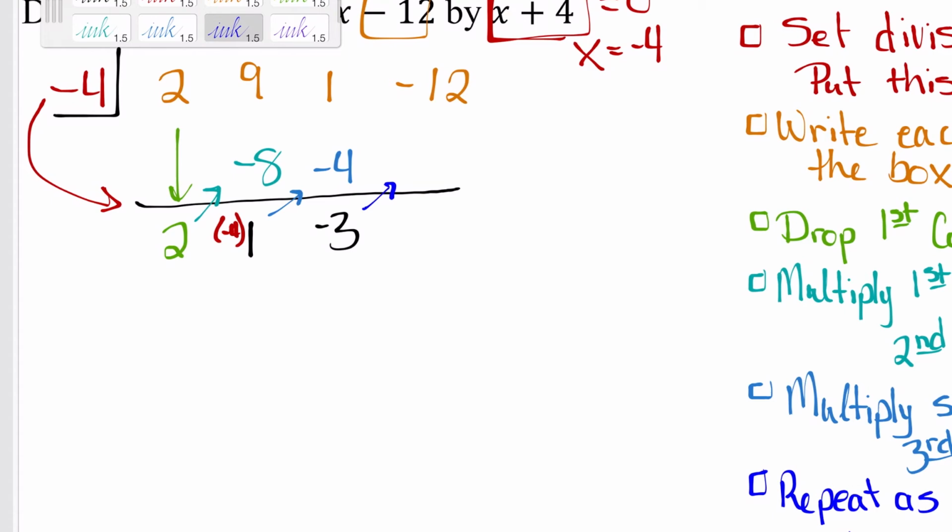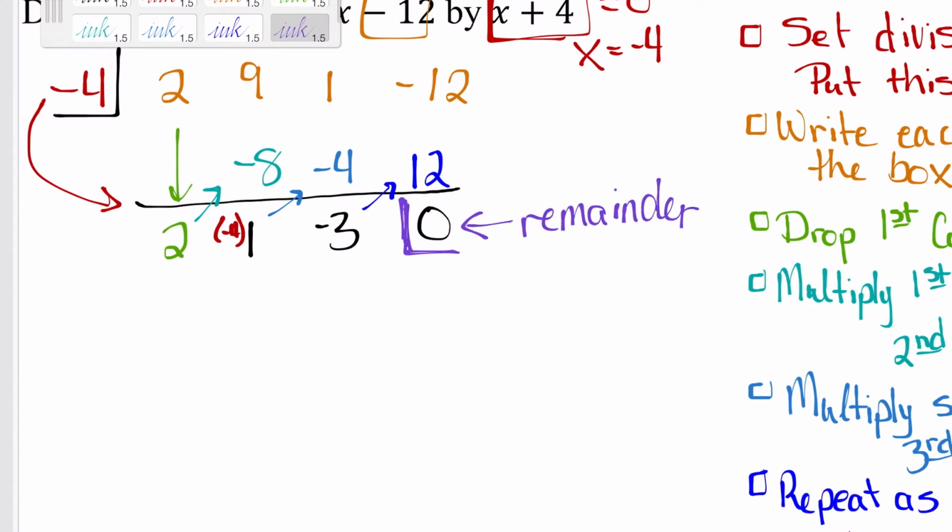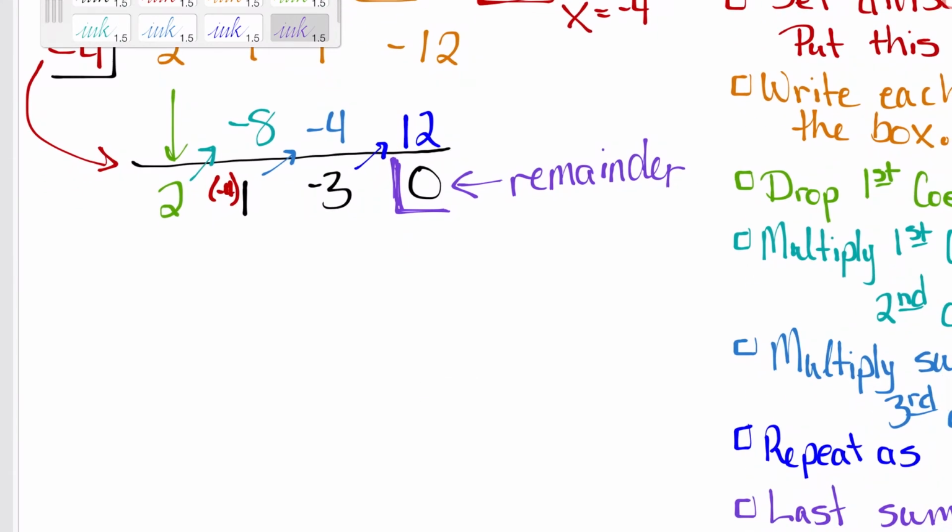I just keep repeating this. So -3 times a -4 will give me +12, and -12 and the +12 will give me 0. I don't have any more numbers, and so this very last number below the line is always going to be my remainder. So here I technically don't have a remainder. So my solution, these numbers below the line, are now the coefficients for my solution.